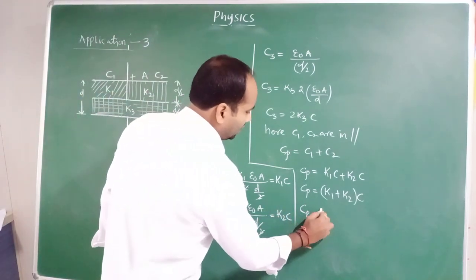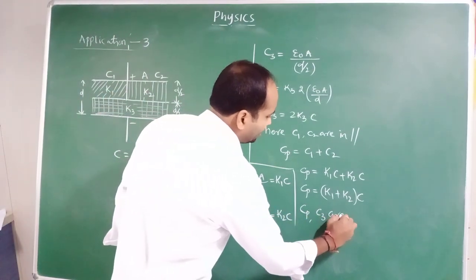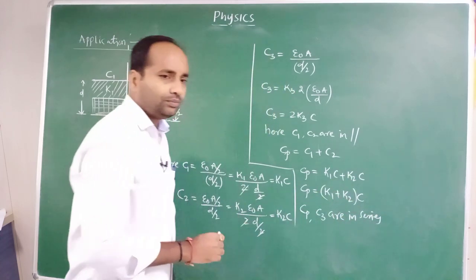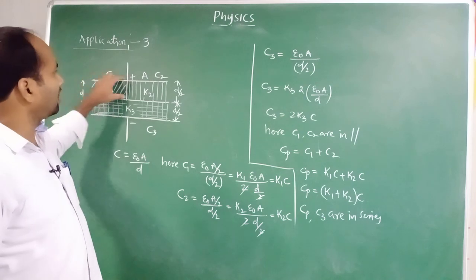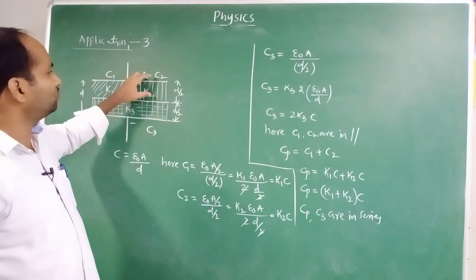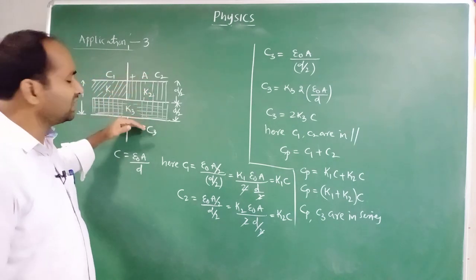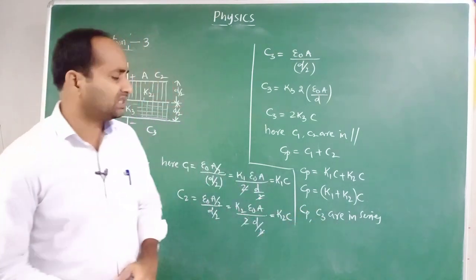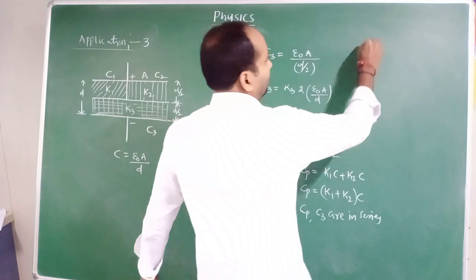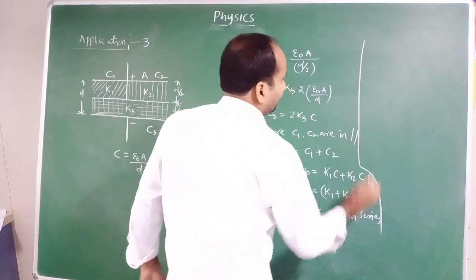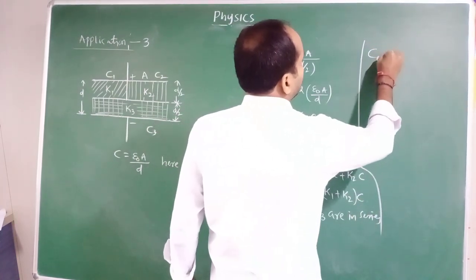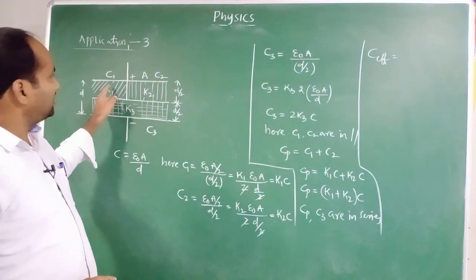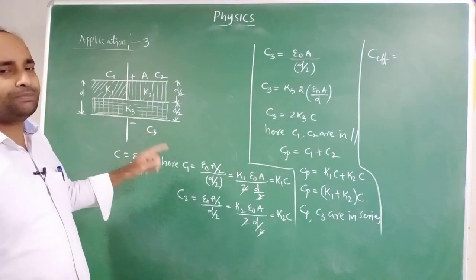Cp and C3 are in series here, since the combination of C1 and C2 is in series with the third one, C3. Then the effective capacitance is Cp C3 by Cp plus C3.